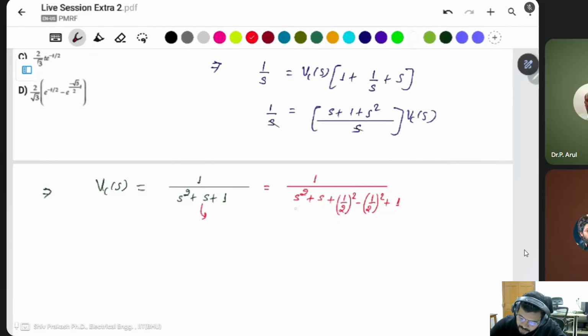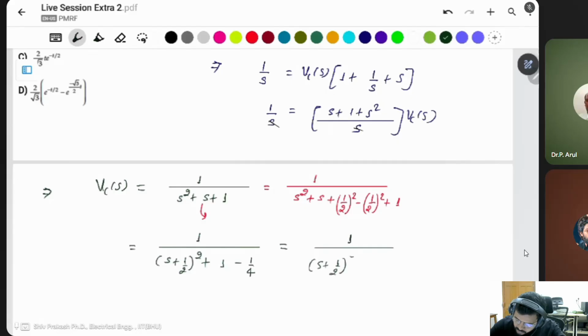You can say this is (s plus 1 by 2) whole square, plus 1 minus 1 by 4. So this will be 1 divided by (s plus 1 by 2) whole square plus 3 by 4.